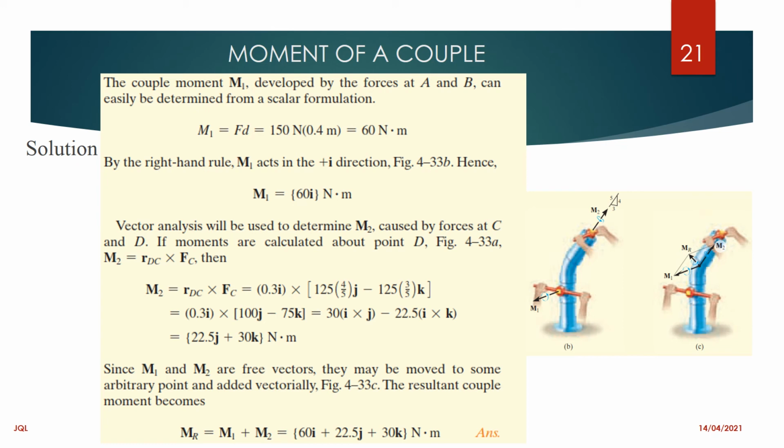The second method is by using the cross product, where first you get the position vector dc times the force, then you do your cross product. At the end, you're going to have two moments, summation of moments M1 plus M2. I know it might be difficult, but find time to go through till you understand the principles.